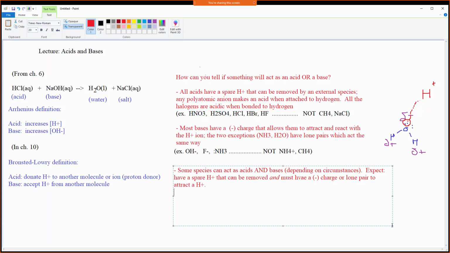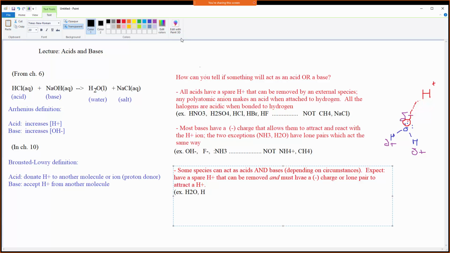Your examples here include water, because it can attract a hydrogen to make the hydronium, a positively charged ion, and it can lose a hydrogen to make the hydroxide, a negatively charged ion. Either one of those is a perfectly valid polyatomic ion that you're familiar with, so those should be good.